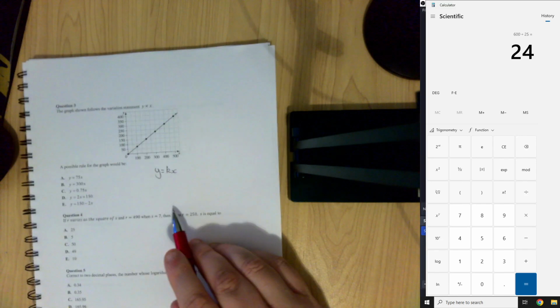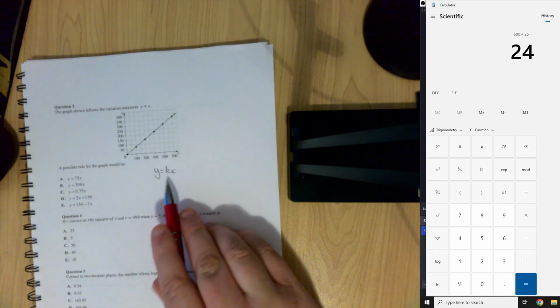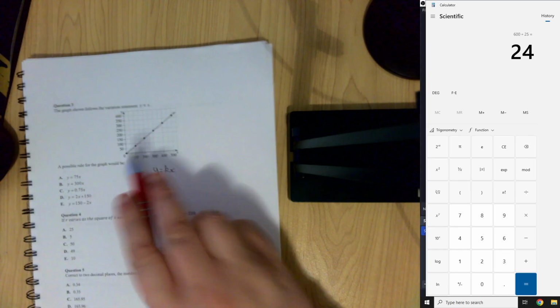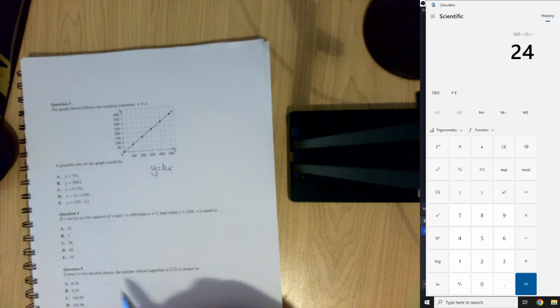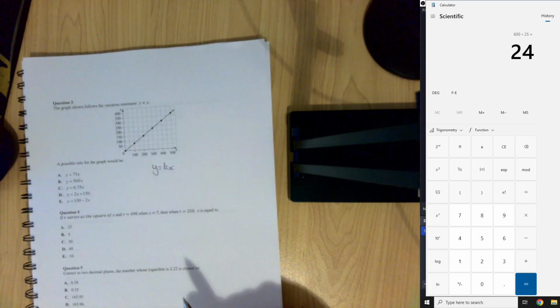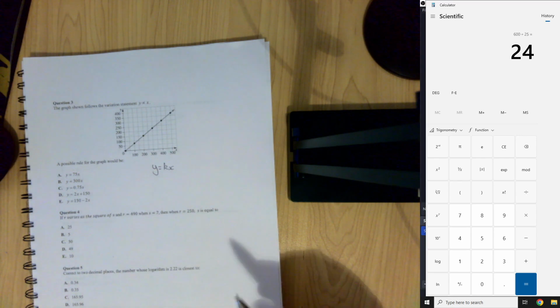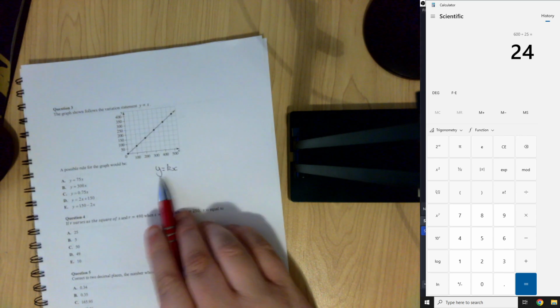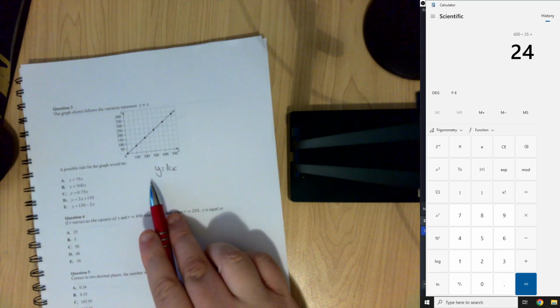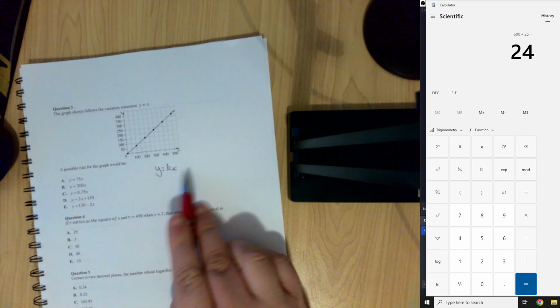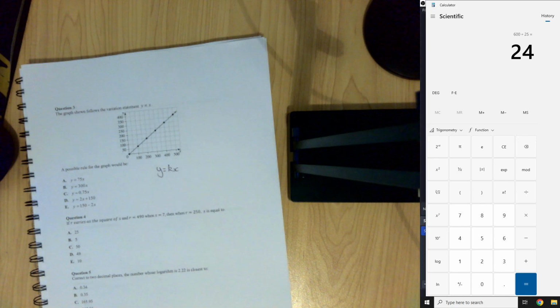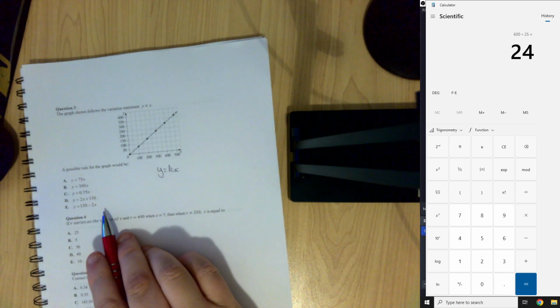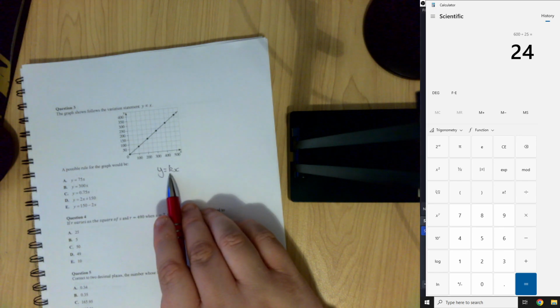Okay, so y is equal to something times x, and we want to figure out the something. Now we can see there's clearly a linear line, which is usually what we're trying to achieve with variation, but in this case it's already linear, which is good. Because it's a direct variation, it's y equals kx or mx. There's no plus whatever. So we just got to find out what the gradient is, essentially.